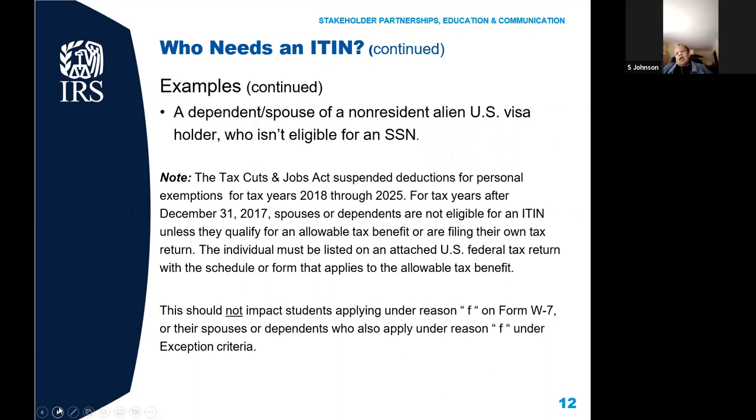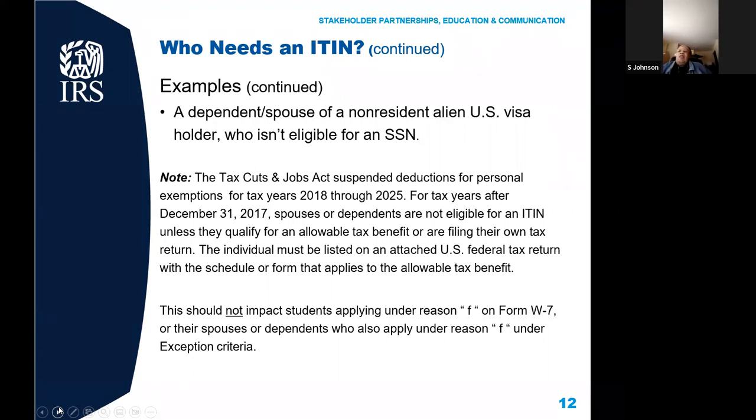Congress passed a law in December of 2017 that said we're not giving out personal exemptions. Normally you could get a personal exemption. So between the years of 2018 until 2025, no one is entitled to this personal exemption.